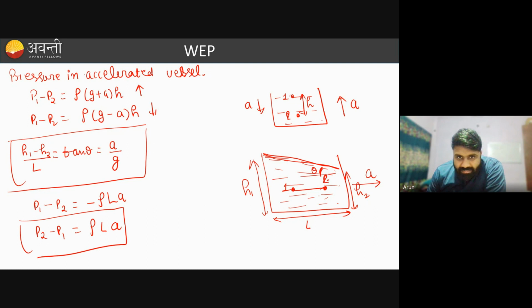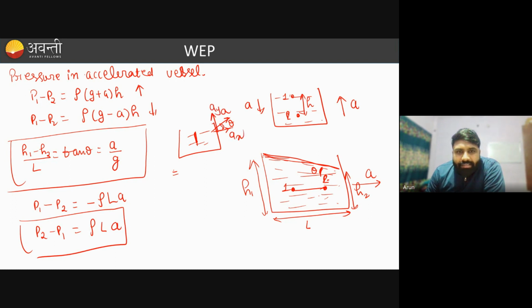In the general case, if this is the vessel and it is moving at this particular angle with an acceleration a, you resolve it into two components, this will be ax, this will be ay.